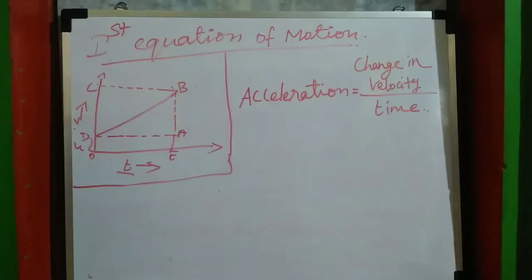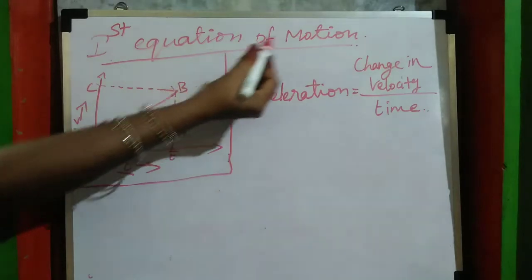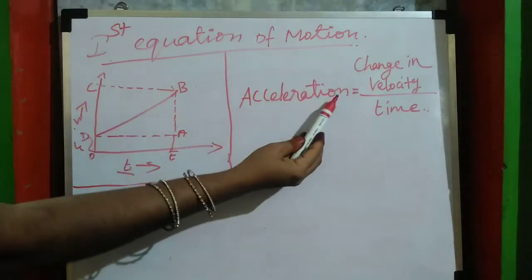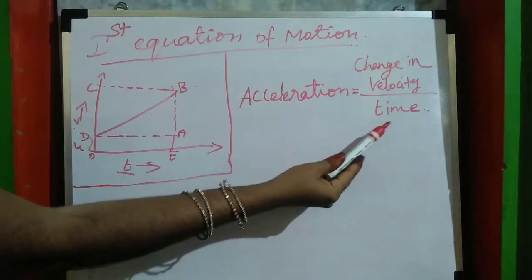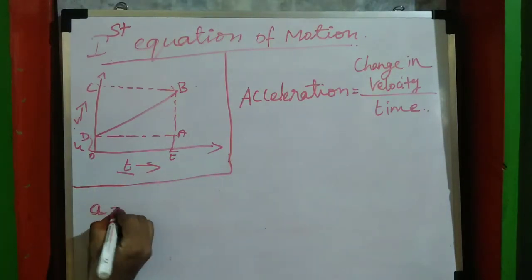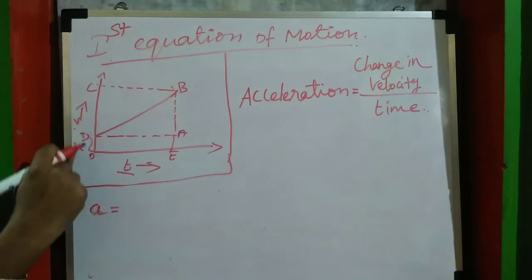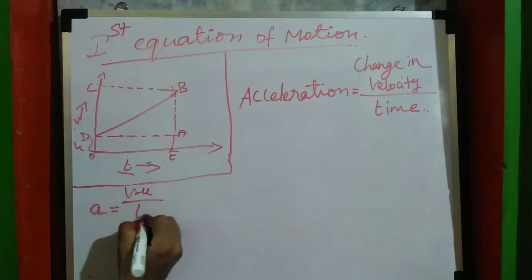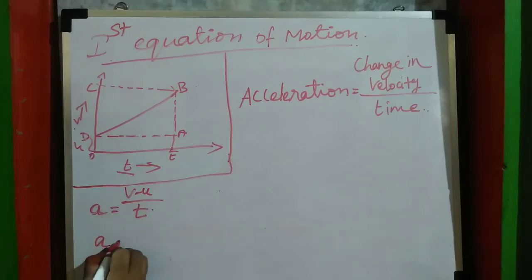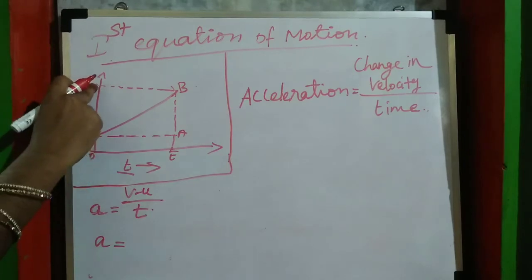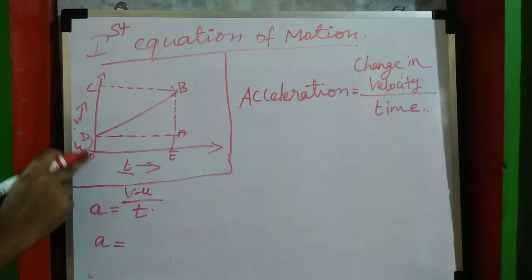Newton represented three equations of motion. Now see the first equation of motion. Take the equation acceleration is equal to change in velocity divided by time. Acceleration A is equal to change in velocity, V minus U, divided by time T. V is denoted by OC and U is denoted by OD.